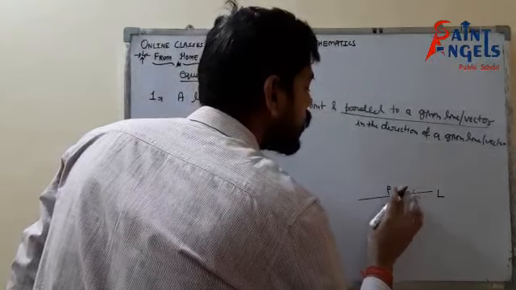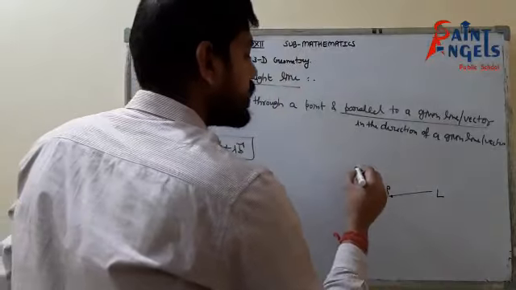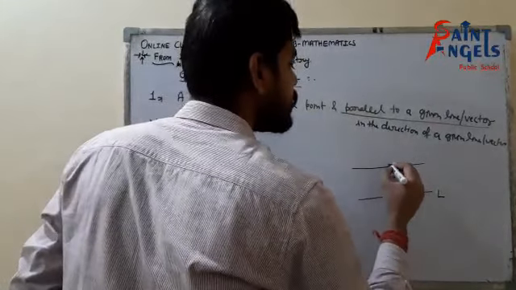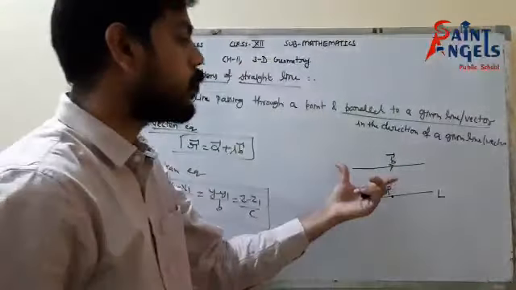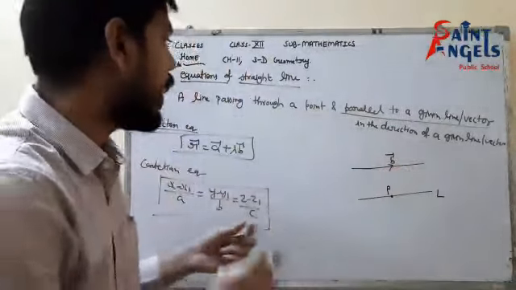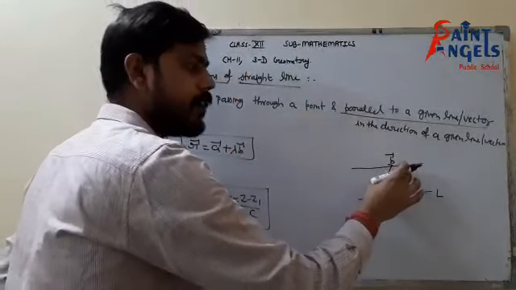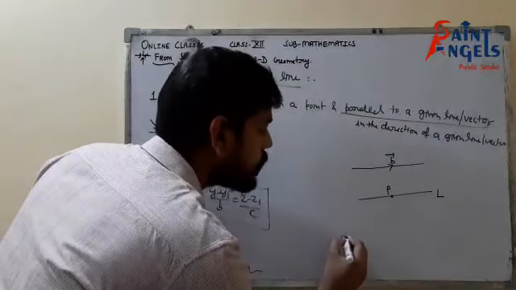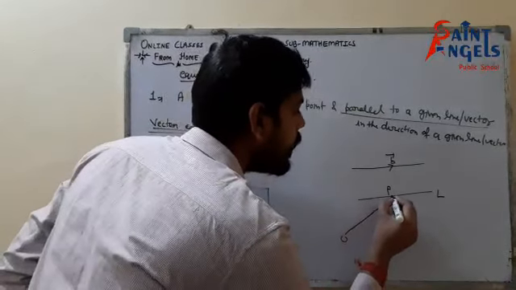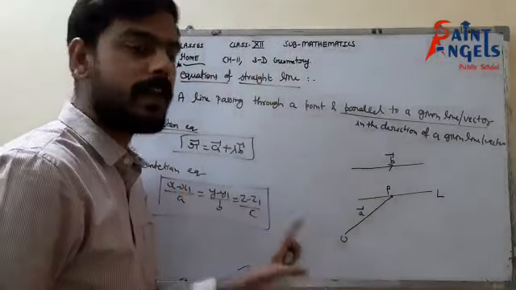And there is another vector v to which this line L is parallel. So, a line passing through a point and parallel to another given vector or line. Suppose the position vector of point P is A vector.